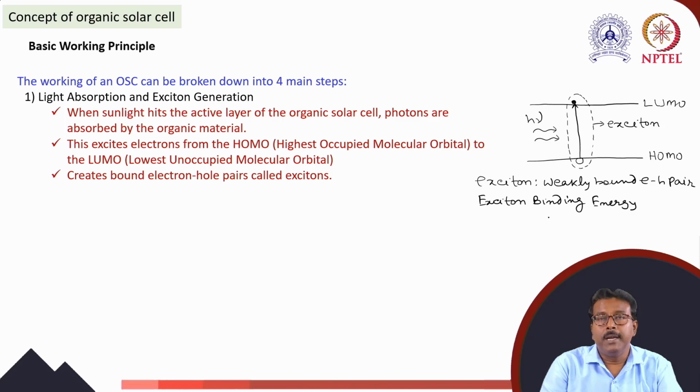So exciton binding energy in case of semiconductor material is in the range of 2 to 10 milli electron volt. But in case of organic materials, it is high.